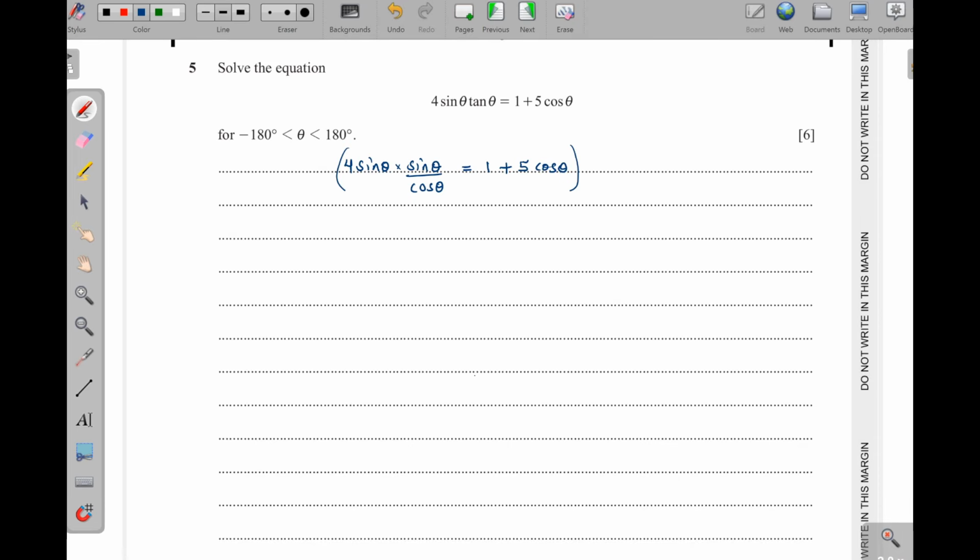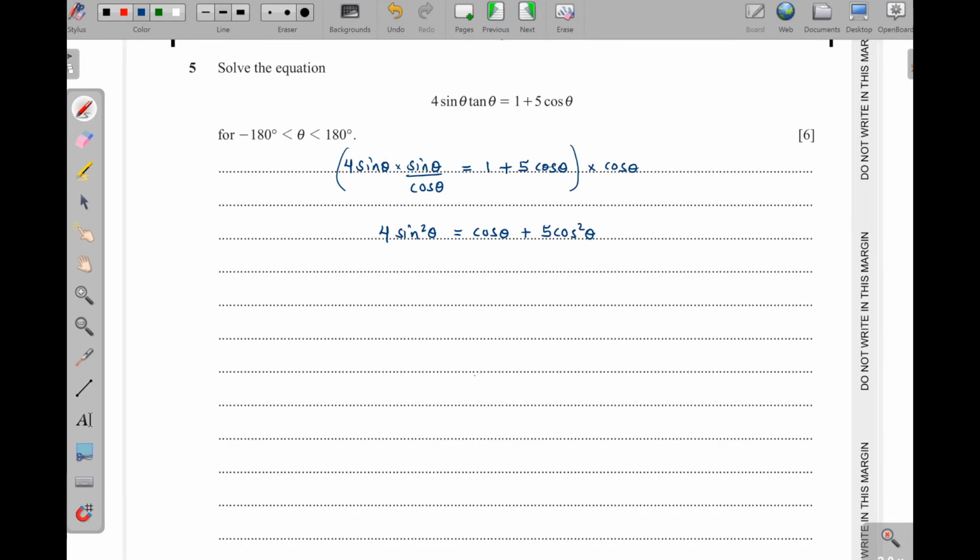Now, I can multiply everywhere by cosine of theta to eliminate the denominator. The cosine will cancel, and we remain with 4 sine squared of theta equal to 1 times cosine of theta, that is cosine of theta, plus 5 cos squared of theta.